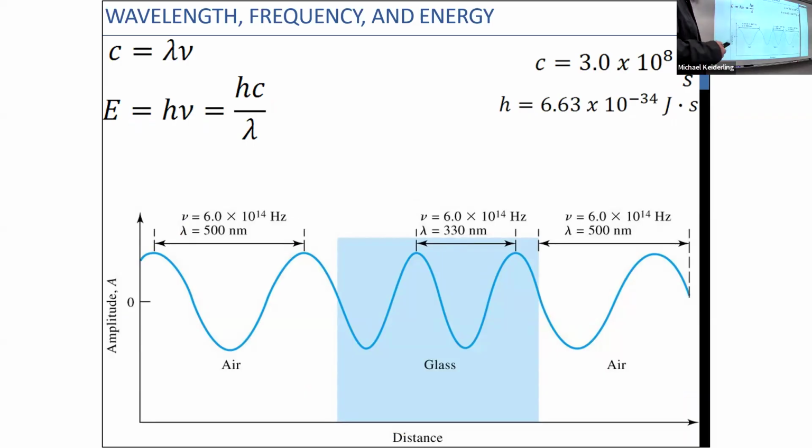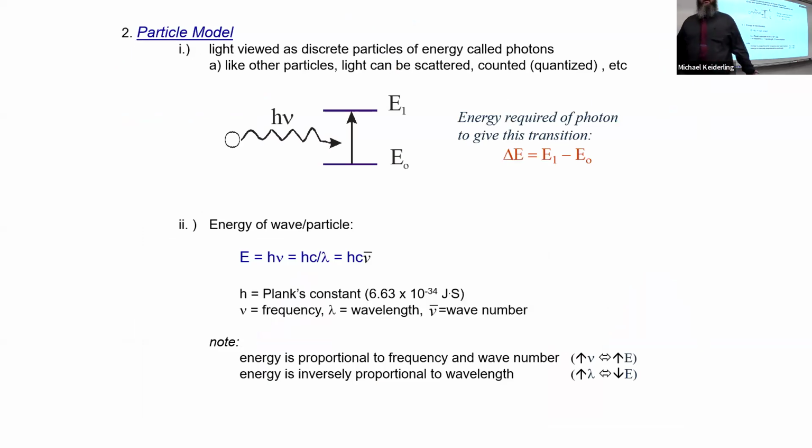And then when it slows down, this is where the index of refraction comes in. It is the ratio of the speed in a vacuum to the speed in the material. The bigger the index of refraction, the slower light moves in it. Particle model: you can think about light as discrete particles of energy called photons.